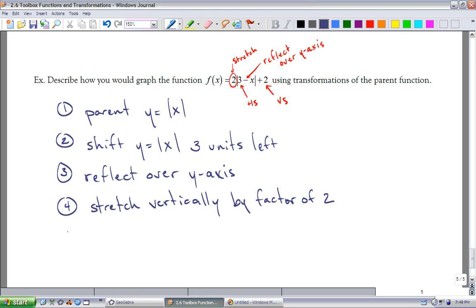And then lastly here, we would shift that graph up to land on the graph that we want to achieve there. Alright? And that's it for 2.6.